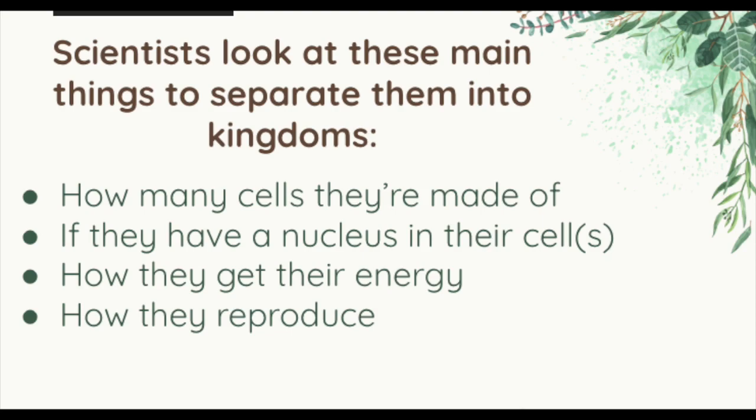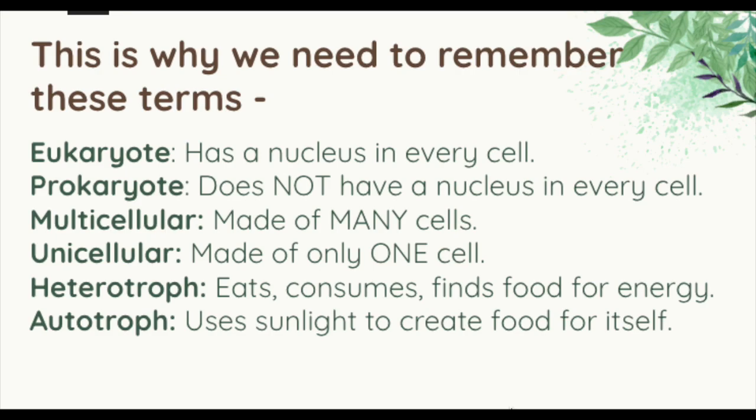Now, just like we've been working on the last couple of days, these vocabulary terms are super important that you know, because these are the answers to those questions. If it's a eukaryote, that means it has a cell with a nucleus. If it's a prokaryote, it does not have a nucleus in every cell. Multicellular means it's made of many cells.